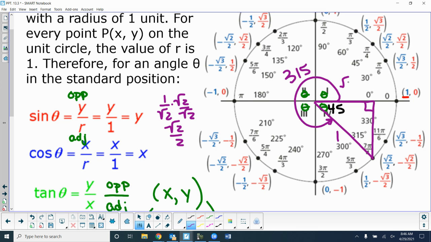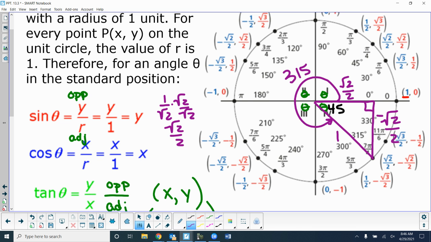And we know that both sides are the same. Now, since I'm in the fourth quadrant, what's this y value? Negative. Okay, so that point is radical 2 over 2, comma, negative radical 2 over 2. See it right there? We just did that in the picture.